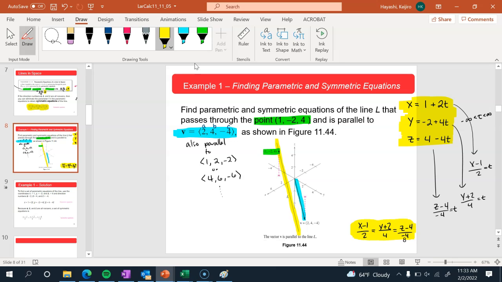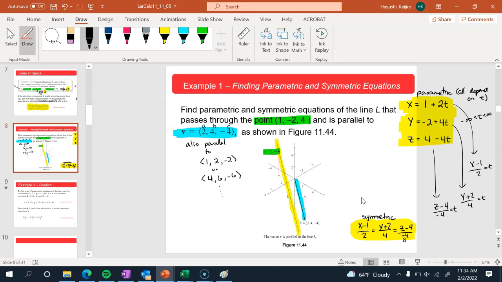And so, if you do this process of solving for t and then just setting the equations equal to each other, bypassing the need for t, these are no longer parametric, these are symmetric. It's parametric because they all depend on t.